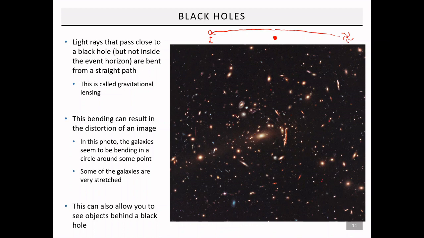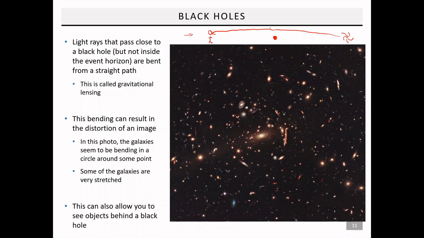So even though you can't see the black hole in this picture, you can see the effects that it has on basically all the light that you can observe. And interestingly enough, the galaxy in the picture that I drew at the top is located directly behind the black hole as far as we're concerned.